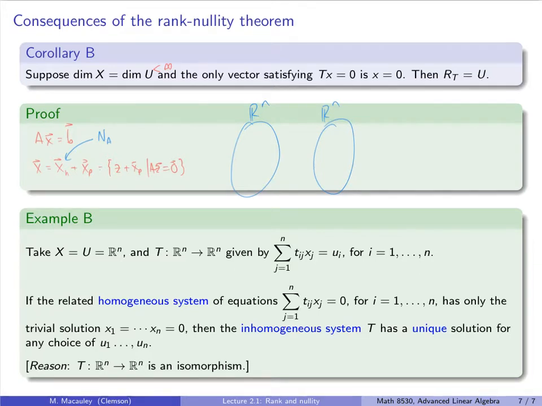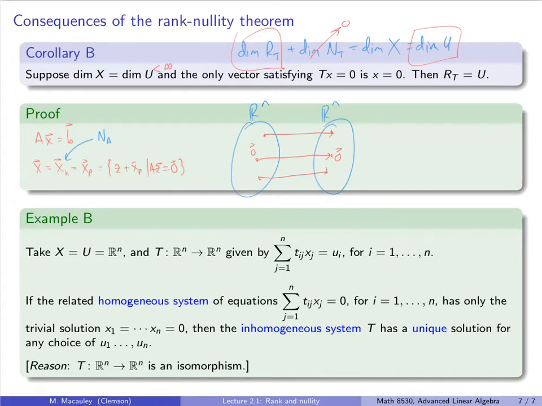And by the rank-nullity theorem, the dimension of the range plus the dimension of the null space equals the dimension of x, which is the dimension of U, and of course the null space in this case is 0. So that means that the range is going to be all of U. So this map is a bijection. That means that 0 gets mapped to 0.